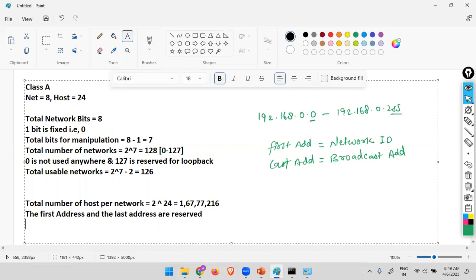So the total number of usable IP addresses is 2 raised to power 24 minus 2. You do not need to remember the exact number. You can just say 2 raised to power 24 minus 2.